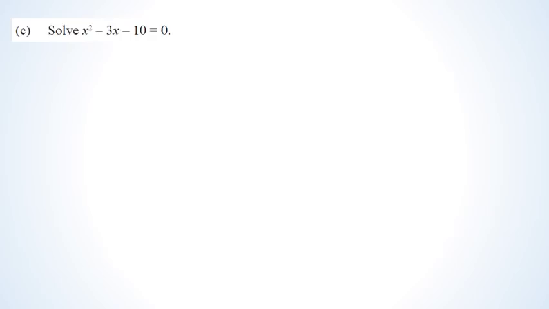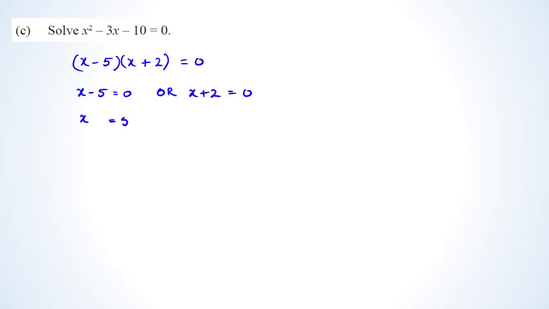For 3c, we've got solve x squared minus 3x minus 10 equals 0. So basically factorize and solve. What two numbers multiply to negative 10 and add to minus 3? We've got x minus 5 and x plus 2, which means x minus 5 equals 0, or x plus 2 equals 0.